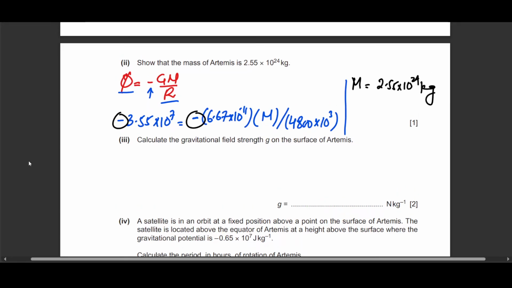Now, one thing you can do in these questions, since you are required to show that the value of m is going to be this value, is that if somehow you get stuck in these parts, you can put this value into this equation, and just in terms of rough work, working for yourself with a lead pencil, you can figure out which value you may be missing out on.